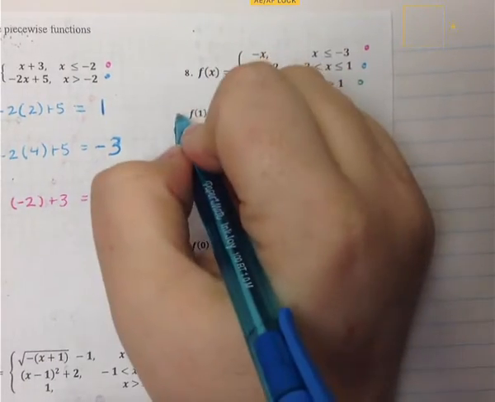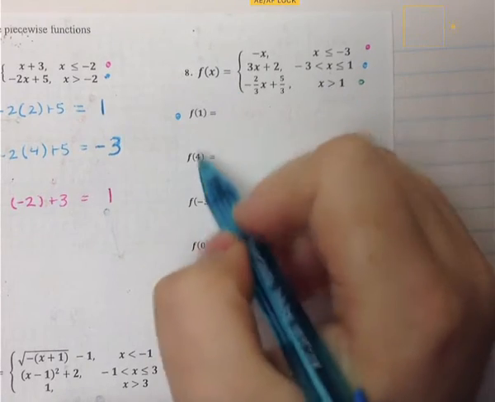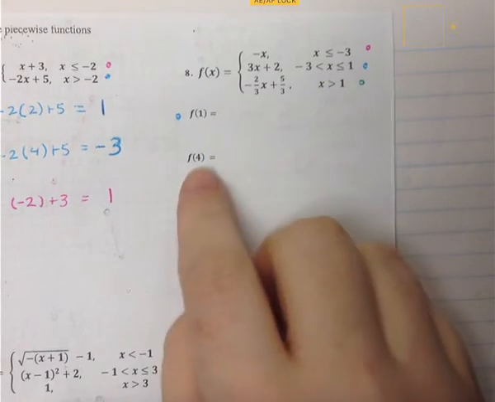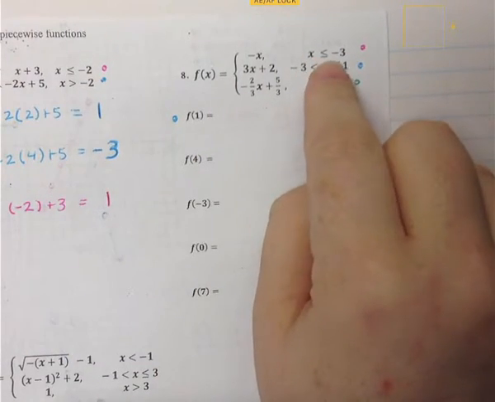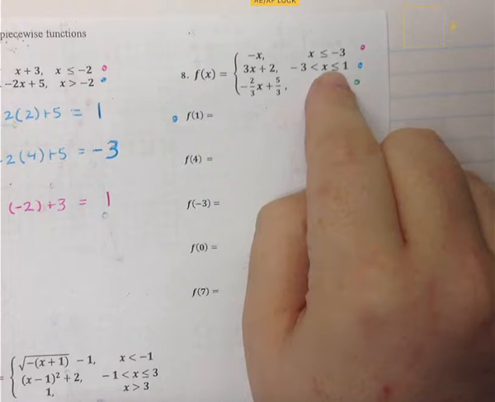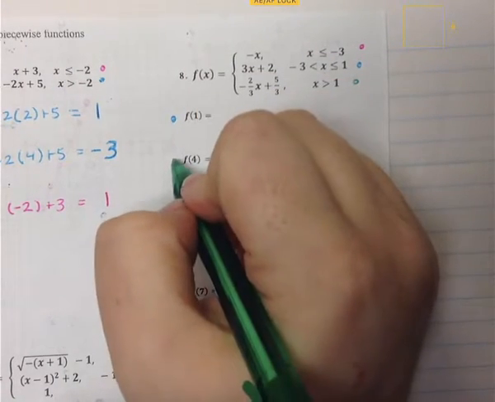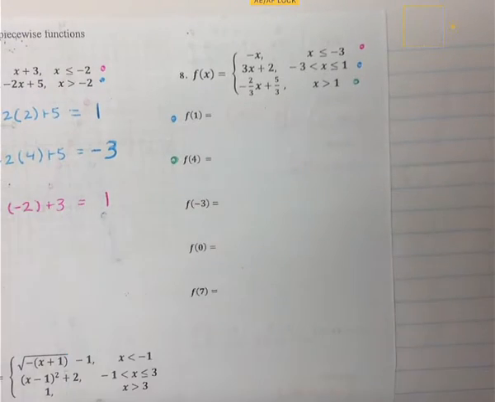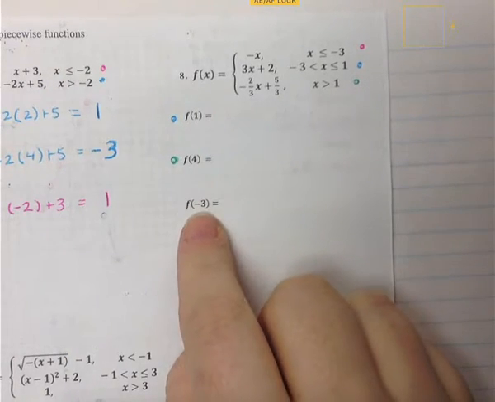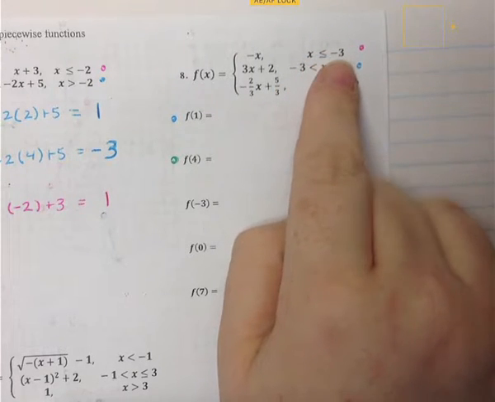So I'm going to go through and just do the colors first, so I can write them out. So let's go to the f of 4. Is 4 smaller than or equal to negative 3? No. Is 4 bigger than negative 3 and smaller than 1? No. 4 is bigger than 1. Yes, so this would be green. Negative 3. Is negative 3 less than or equal to negative 3?